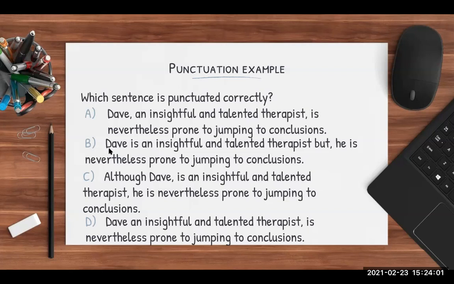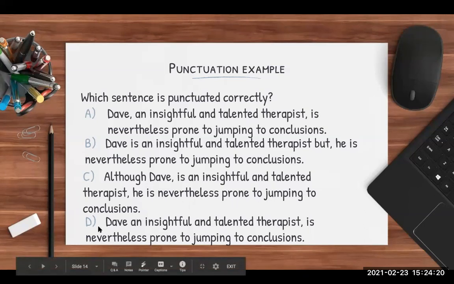B, "Dave is an insightful and talented therapist, but, he is nevertheless prone to jumping to conclusions." C, "Although Dave, is an insightful and talented therapist, he is nevertheless prone to jumping to conclusions." And D, "Dave, an insightful and talented therapist, is nevertheless prone to jumping to conclusions."